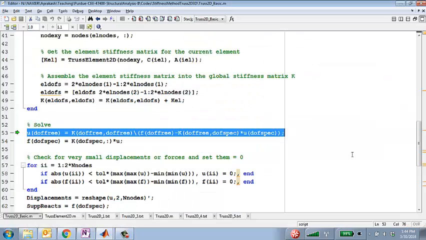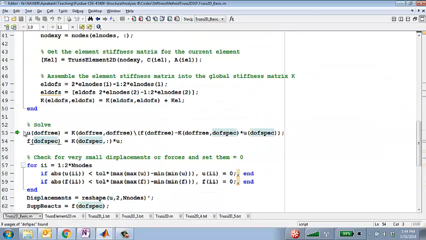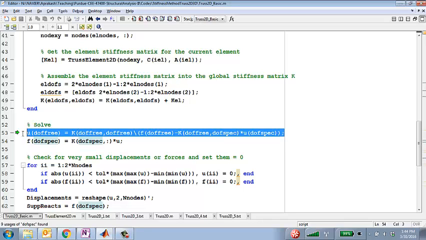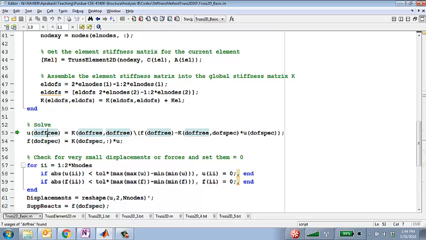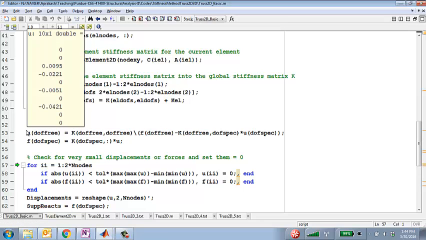So I hope that you can see the analogy of that line in the handout with this line in Matlab. It's exactly one-to-one correspondence of those two lines in the handout with these two lines in the Matlab code. So after I execute these two lines, I have the correct displacement at all the nodes.